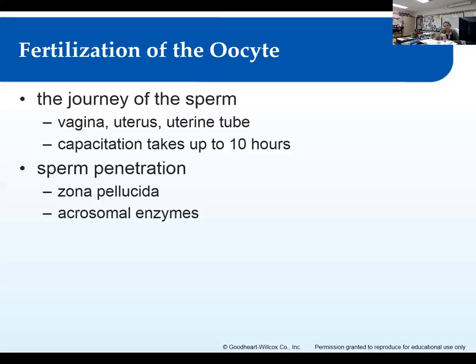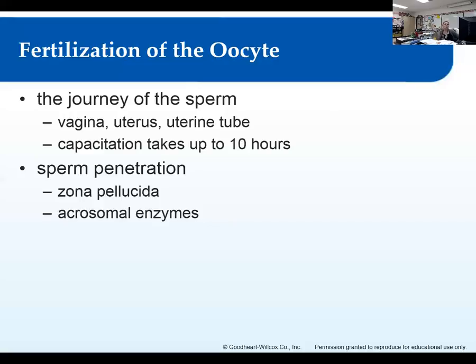Acrosomal enzymes, these are released whenever the sperm comes into contact with the zona pellucida, that glycoprotein layer. And so it says when sperm binds with specific receptors on the surface of the oocyte, then it merges, okay, with the oocyte. As soon as that occurs, that fertilization occurs, and the sperm merges with the egg, then this new like protective coating, kind of an armor shield type of coating, occurs around that zygote.